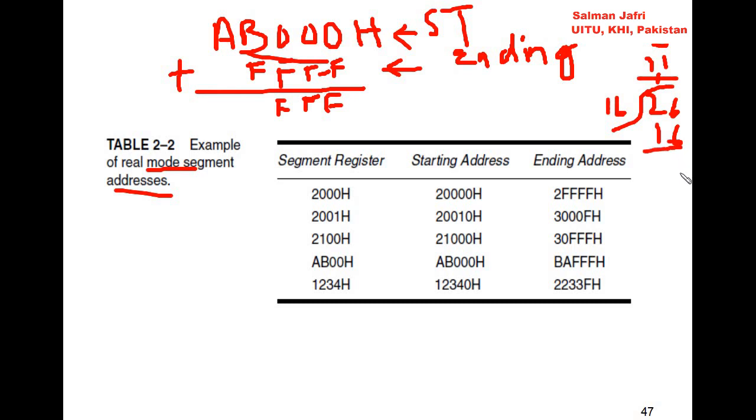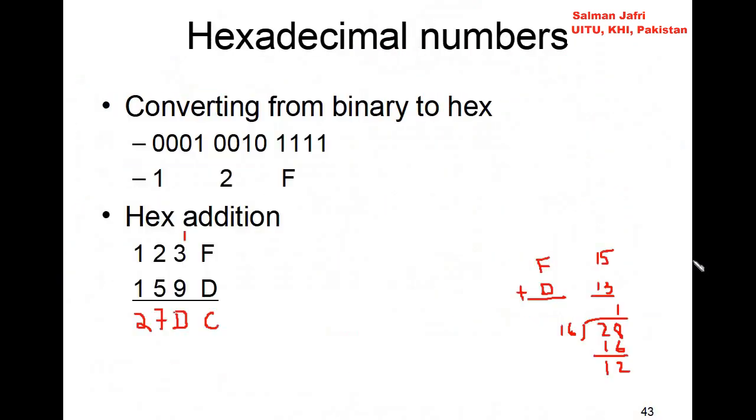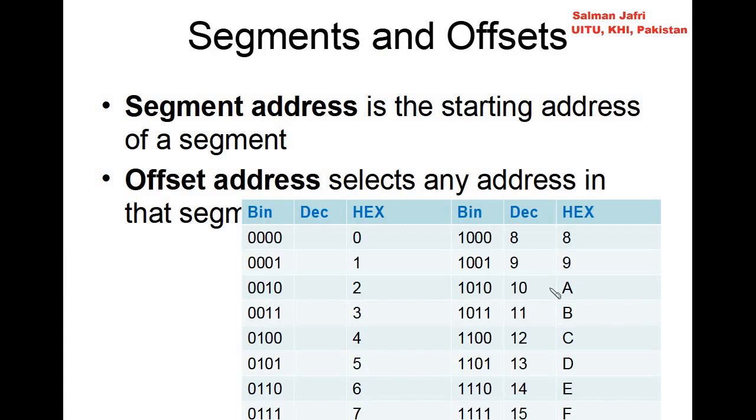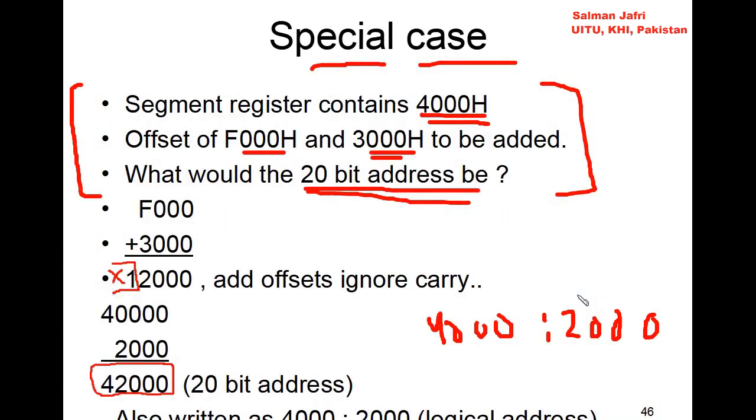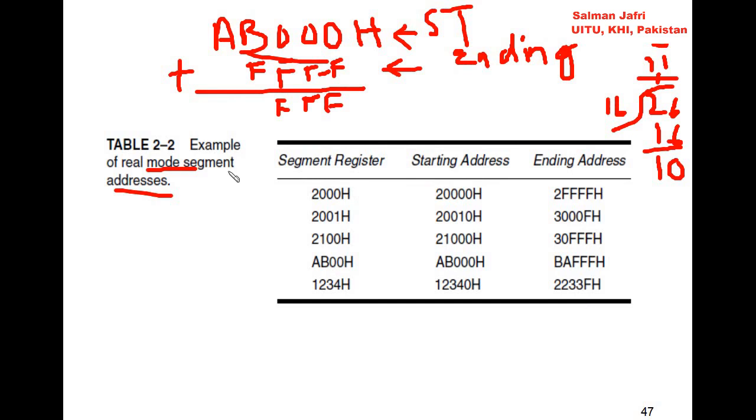So we'll have basically the value of 10, and 10 in hex comes out to be A. So this would be A over here, and 1 would be carried, and A plus 1 would be B. So this is BAFFFH. So that is the answer.